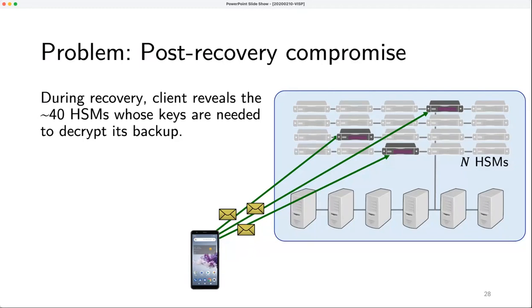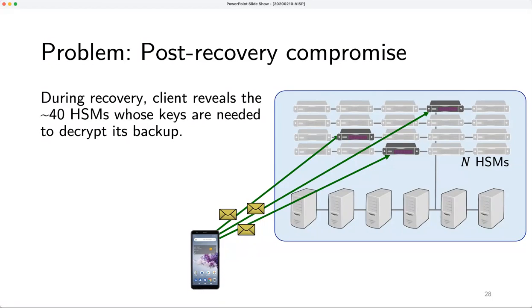As we just discussed, when the client recovers its backup, the client reveals which 40 HSMs have the secrets that are needed to decrypt the client's data. There's only 40 HSMs that the attacker needs to compromise to recover the client's data, and during recovery the client reveals which ones these are.